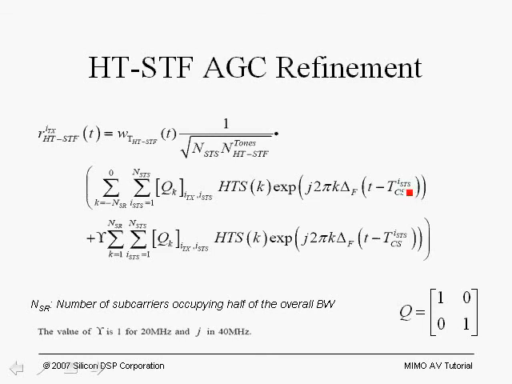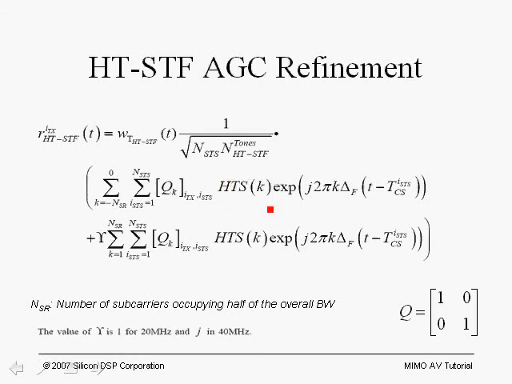So for iSTS equal to 1, this term is 0. For iSTS equal to 2, then we usually add a cyclic shift, so we have a CDD type of diversity between the two transmitter chains.